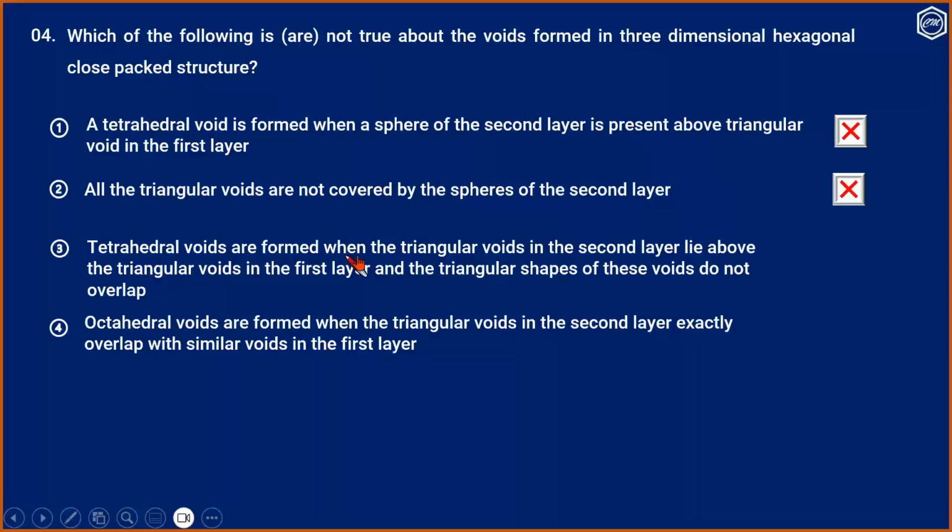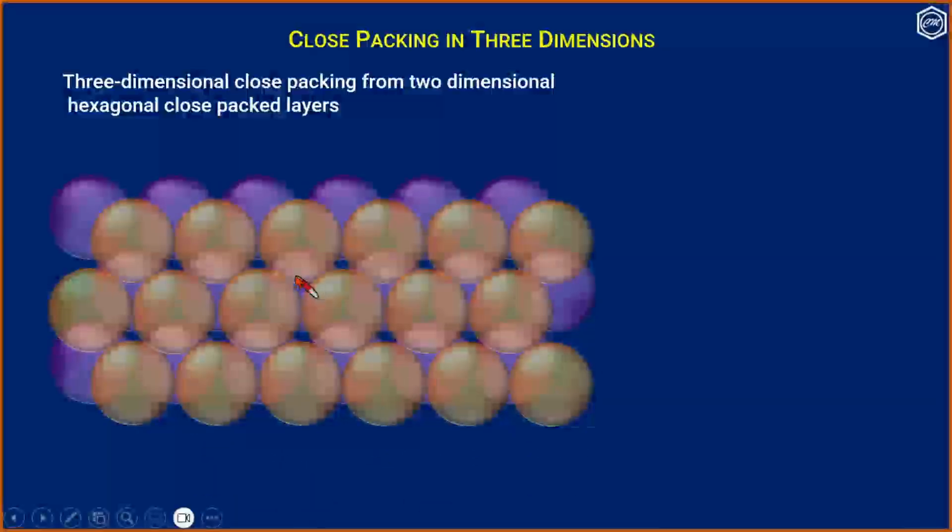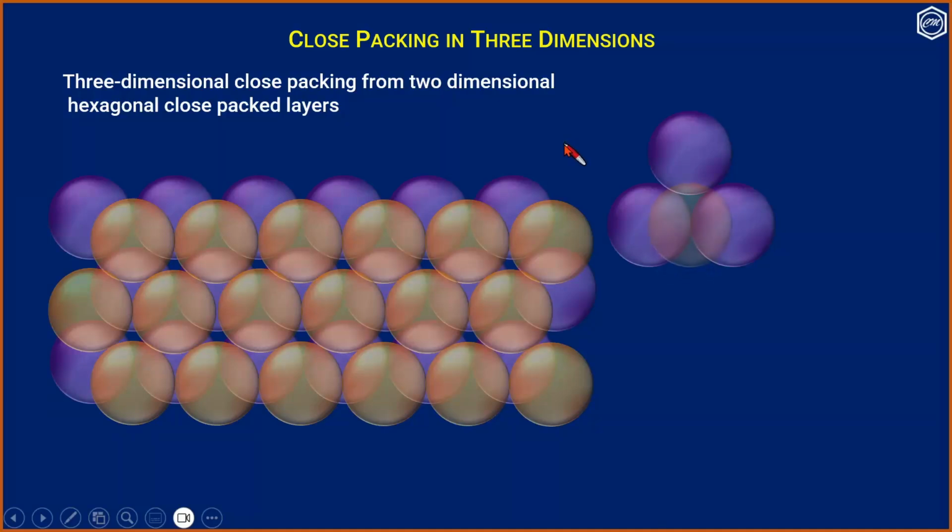3. Tetrahedral voids are formed when the triangular voids in the second layer lie above the triangular voids in the first layer and the triangular shape of these voids do not overlap. So this is the first layer. These are the triangular voids. Now the second layer comes and some of the triangular voids are not covered, and these form tetrahedral voids. So this is the tetrahedral void.